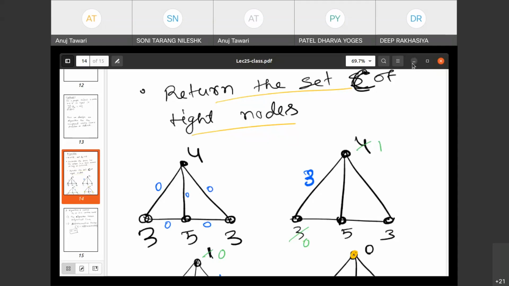Yes, sir. Here the jobs are sorted according to the time taken to complete that job.